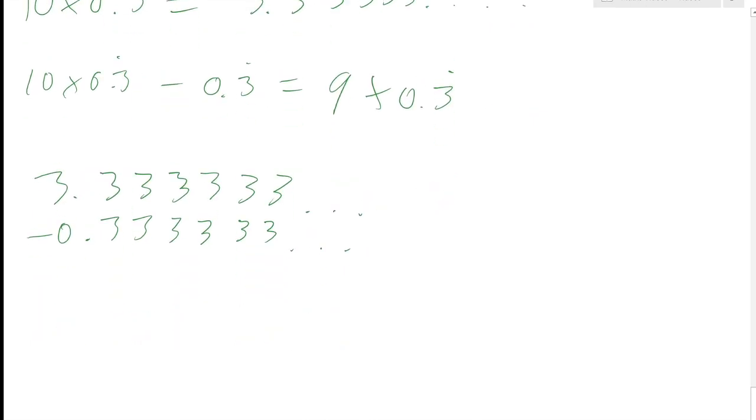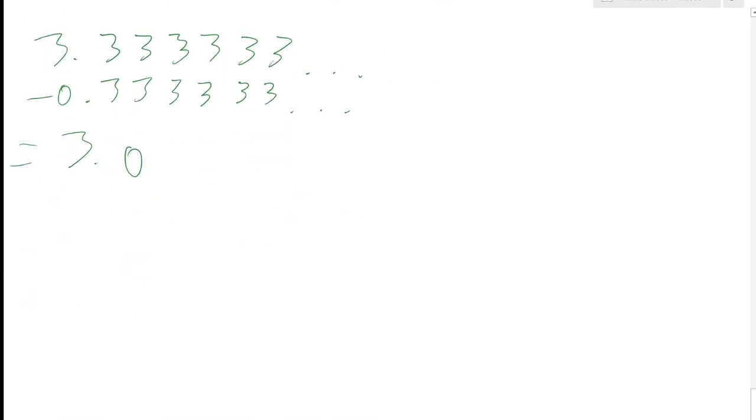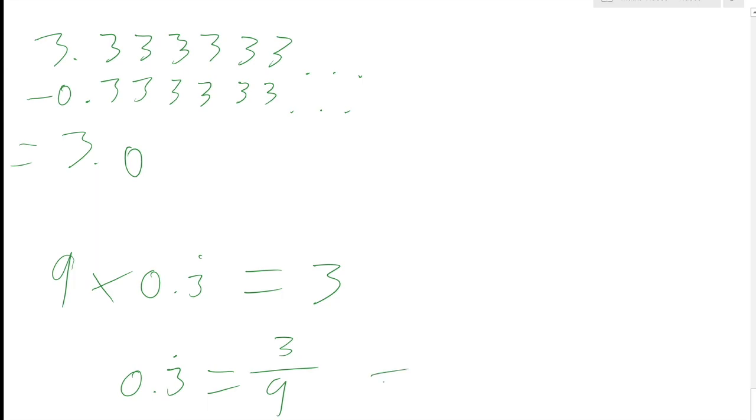And as you can hopefully see, all of these 3's after the decimal point get subtracted, and we find that that just equals 3. 3 point nothing, 3.0 exactly. So we now know that 9 times 0.3 recurring equals 3, which means 0.3 recurring equals 3 over 9. We then simplify that to be 1 over 3.